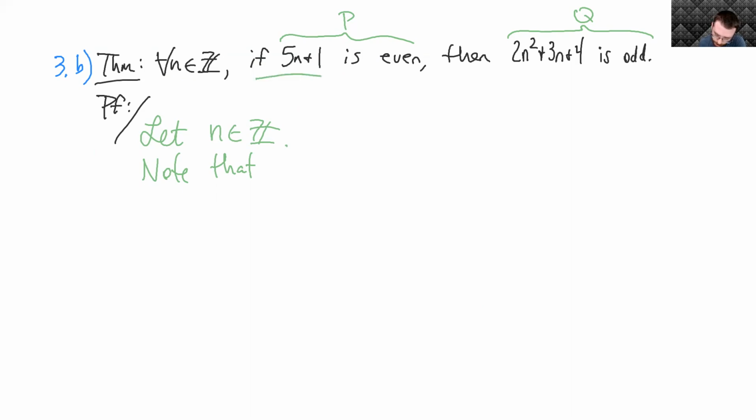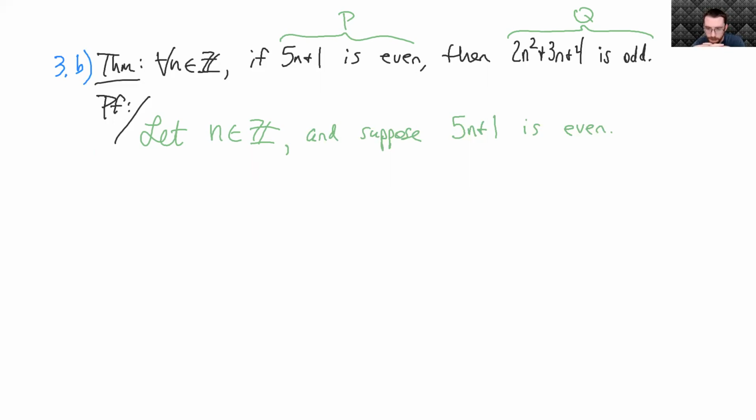All right, so we can assume that this holds. So we'll say, suppose 5n plus 1 is even.